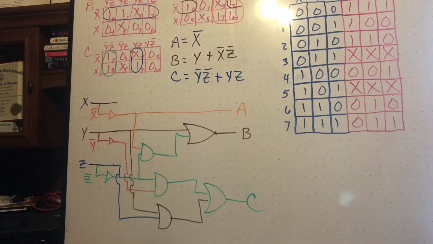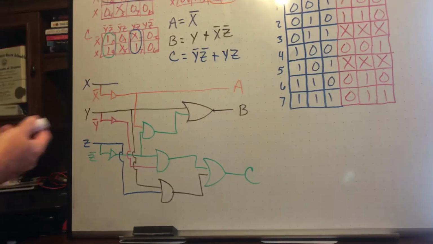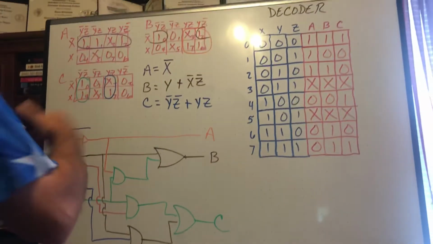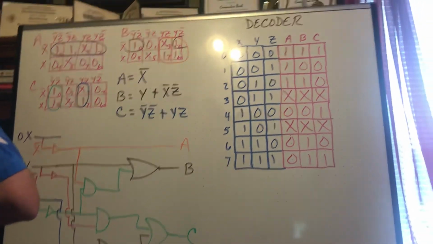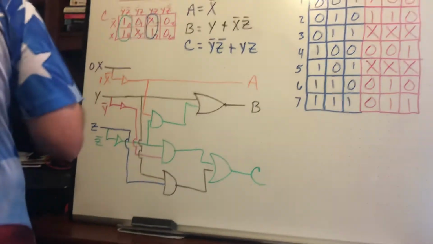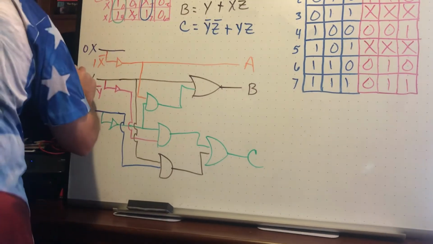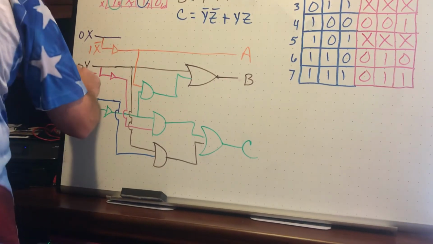Same thing, the way we do it is you guys go back in and check everything. We'll do the first one together, but then you go back. So let me put in X is a 0, which makes X naught a 1. Y is a 0, which makes Y naught a 1.